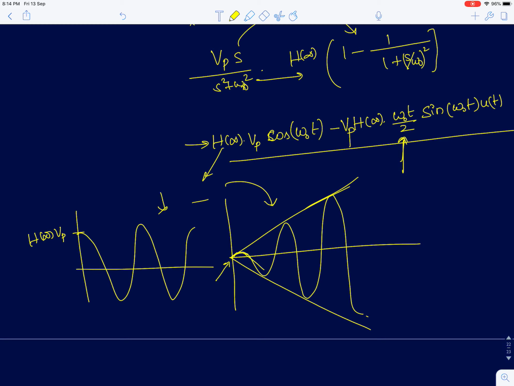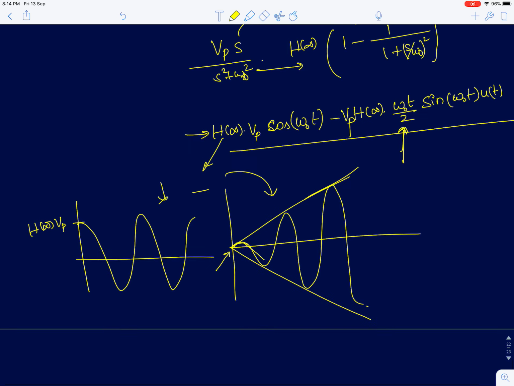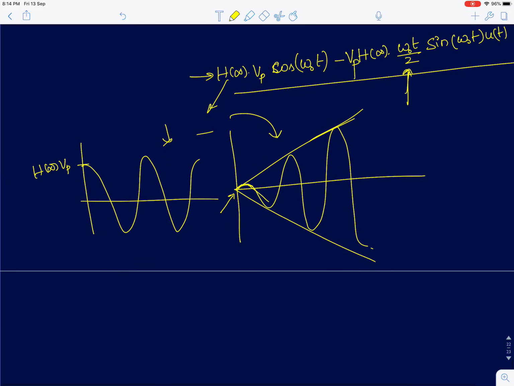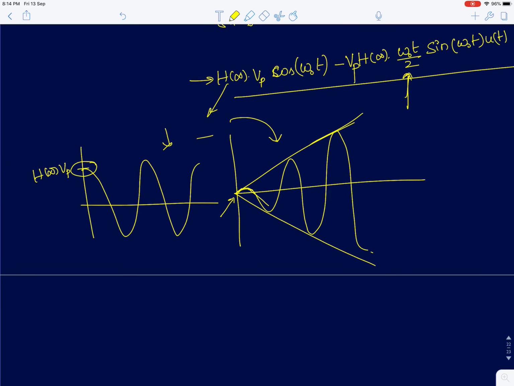There is Vp here as well. The difference here is that the output will actually start at h infinity into Vp. If h infinity is 1, your output will be the same exact replica of the input multiplied by the high frequency gain.